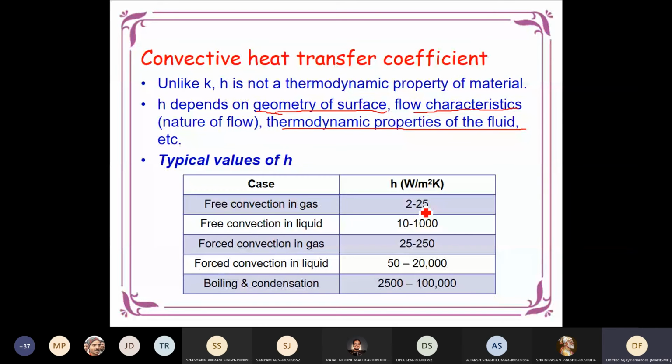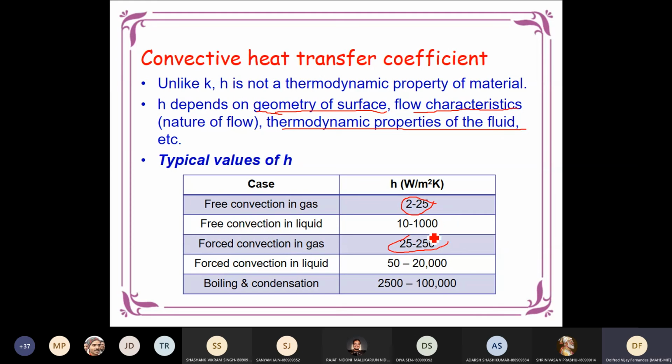We have to estimate the Reynolds number of the flow and the Prandtl number, and based on that we can select the correlations. But roughly, you should know that free convection has a low value of H. Free convection in gas is 2 to 25.